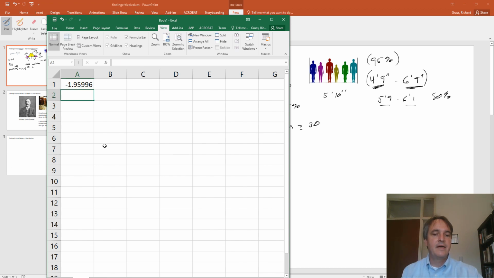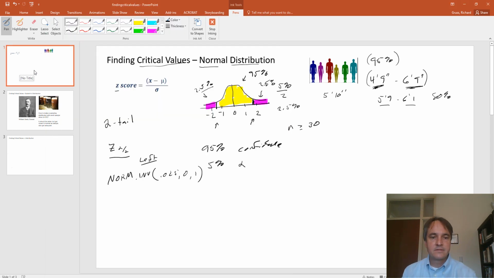That tells us the left critical value is negative 1.95, but we'll round up to 1.96. So this is going to be equal to negative 1.96 on the left. Okay, so that's that one right there.